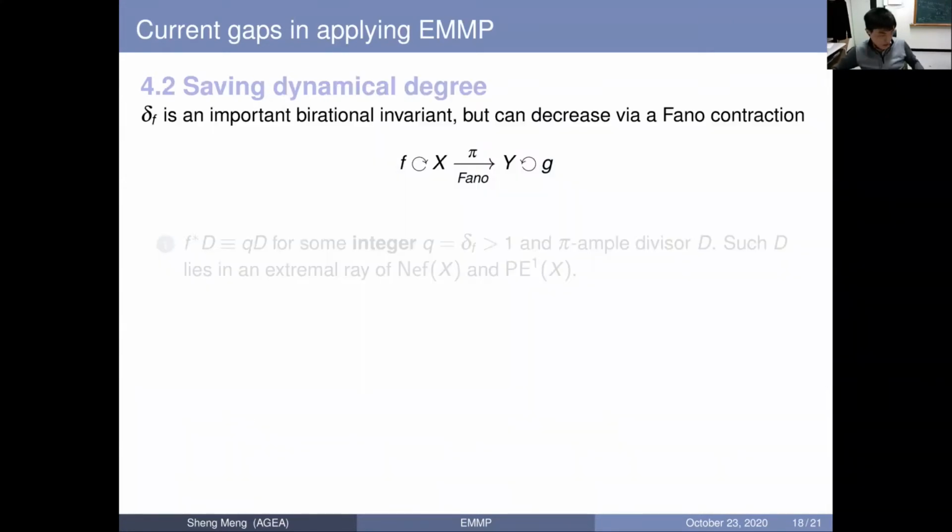Okay, now we come to the second gap, which I call saving the dynamical degree. The first dynamical degree is an important birational invariant, but it can decrease via a Fano contraction. Here, F is an endomorphism acting on X, and it descends to an endomorphism G on Y, where pi is a Fano contraction of some extremal ray.